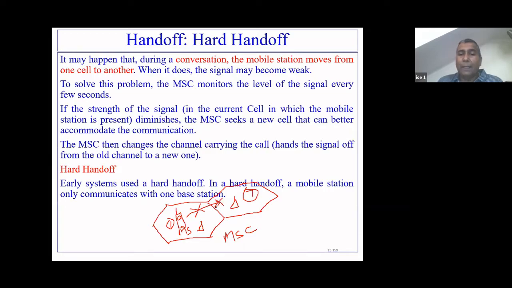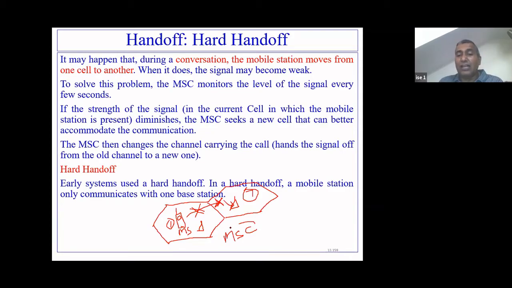So here, now what happens? This connection goes off, and this MSC will do what? The switching center will now connect to this particular base station and assign a new voice channel having a strong signal strength to this mobile unit, and then the connection is re-established.